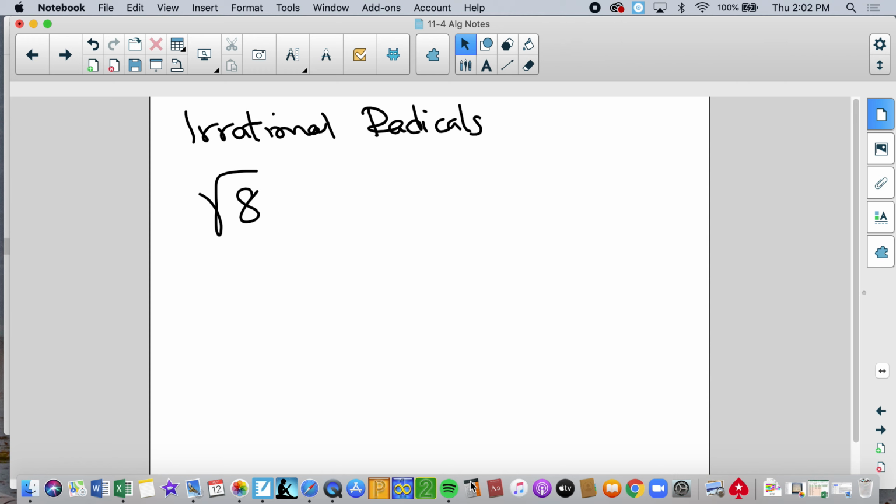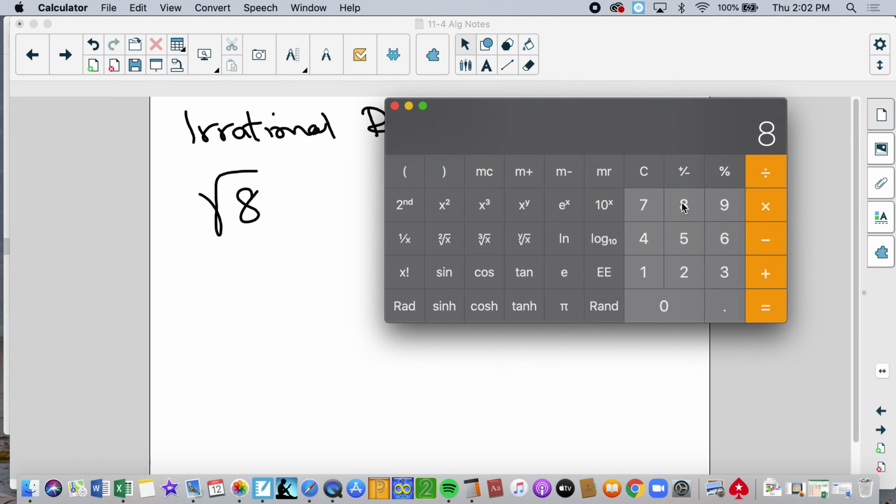So if we do that on our calculator, 8 square root, we get 2.828427124744619, and the numbers continue. Just because the calculator doesn't show it doesn't mean that it stops at 9. It keeps going on forever. So it is non-terminating. A number that does not end is called non-terminating.